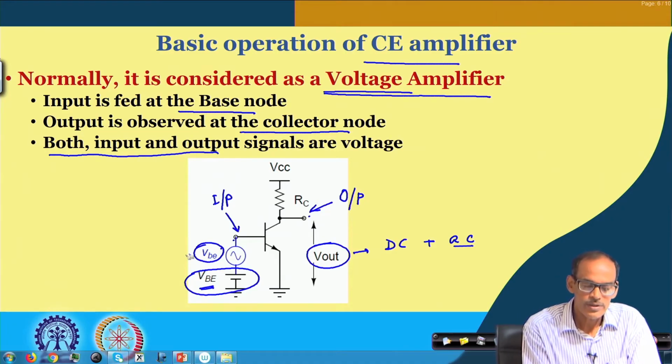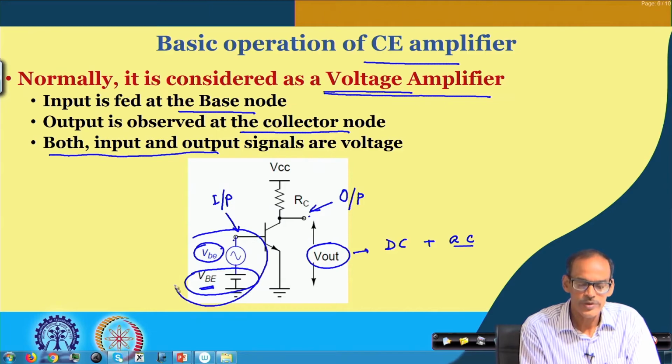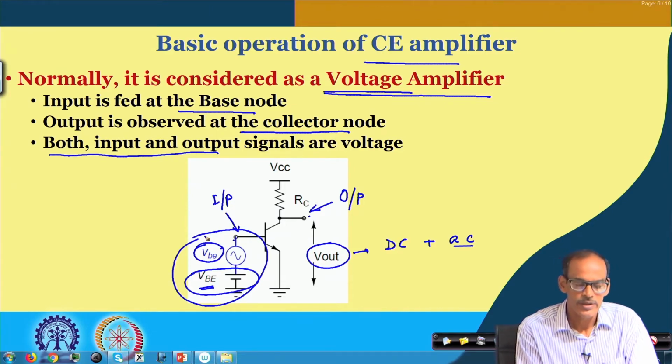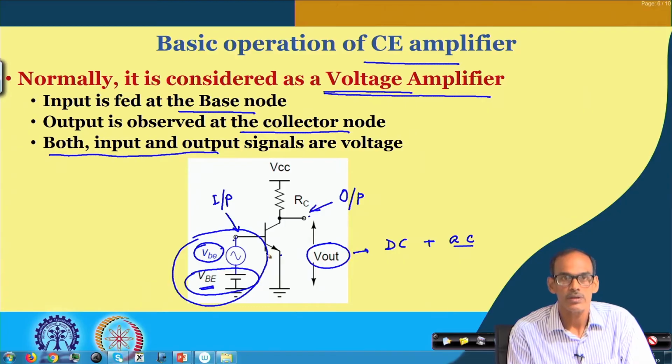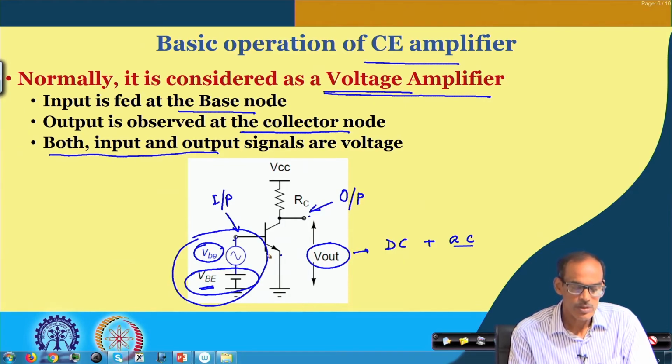So, whatever the input port we are considering here, namely the small signal source in series with DC voltage, that DC voltage should be appropriate for the BJT, you should not be expecting that. So, of course, it is having some practical circuit.